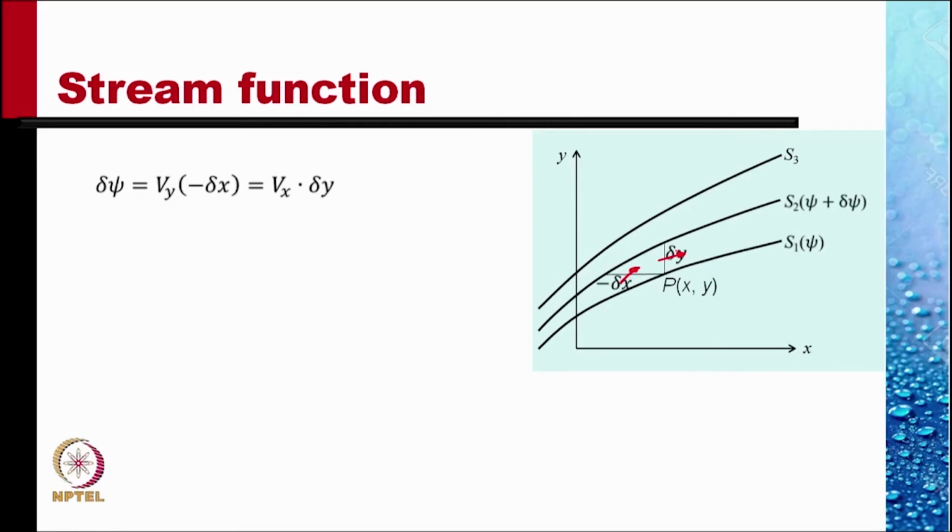Clearly dψ is Vy into minus dx, which is also equal to Vx into dy, because it's only the Vy velocity component which will create a flow across the horizontal line segment, Vx being along the line segment itself, and Vx would be the only component that will create a flow across the vertical line segment.